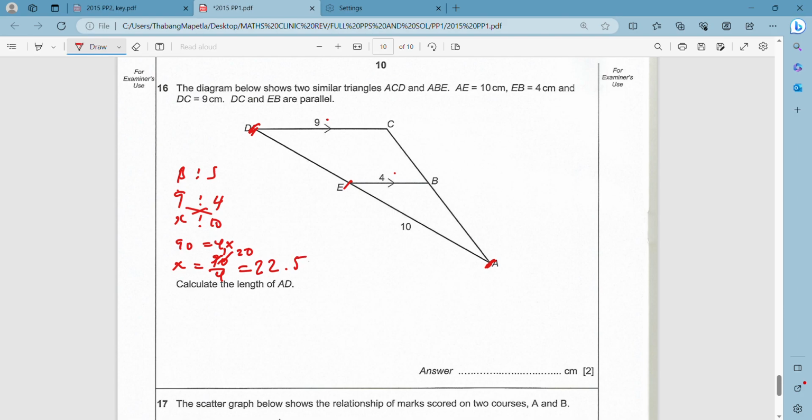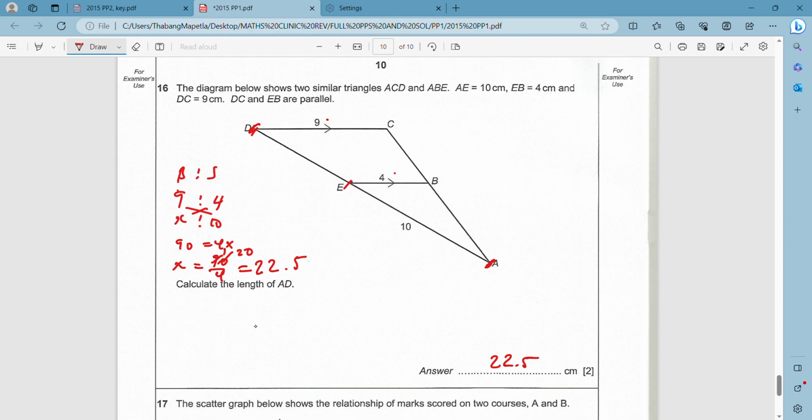Let me check. Or you can simply say 10 times 9 over 4. Yeah, it's 22.5. So it's correct.